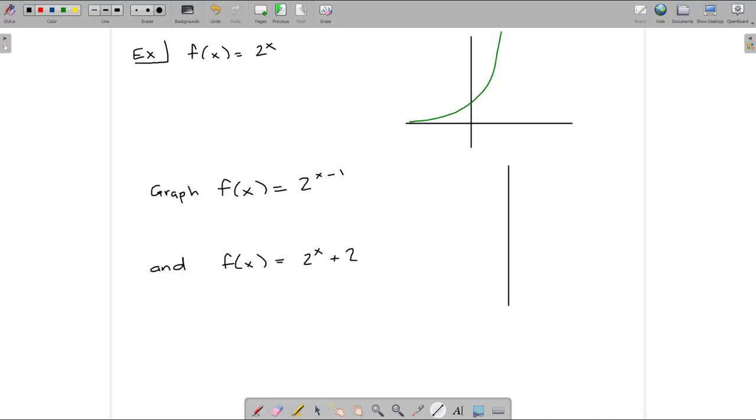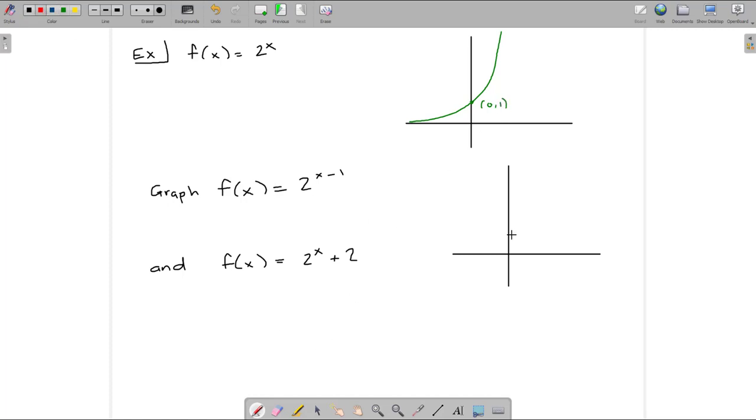Well, we know that this wants to shift this graph by 1 to the right. Okay? So I like to orient myself, let's pick a different color maybe, using the point that we know, that y-intercept here. We know that we always have this point, 0, 1.